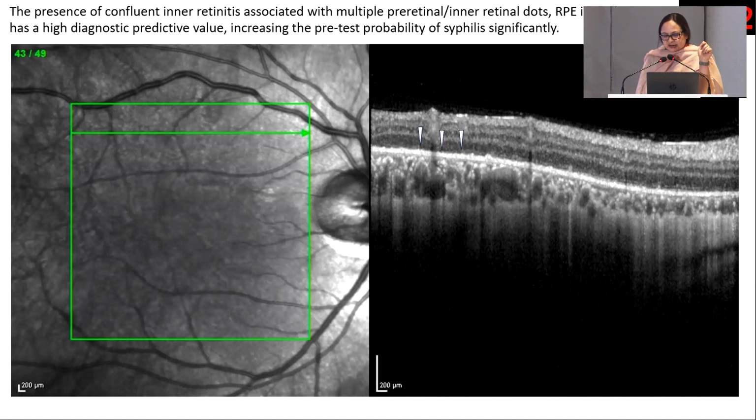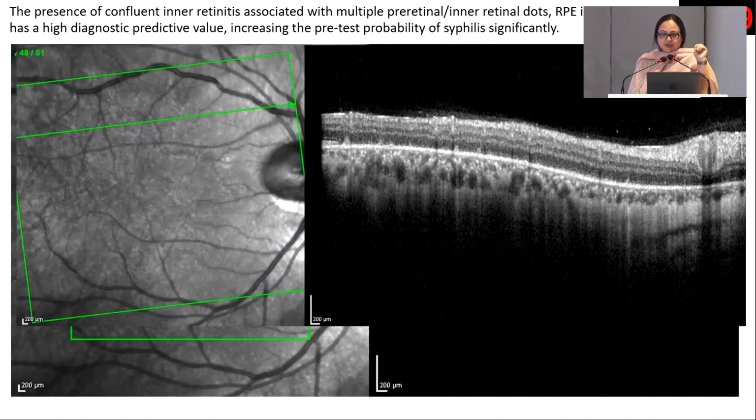So take the OCT through the lesion, and if you see loss of the ellipsoid zone and RPE irregularities, it has a very high diagnostic predictive value for syphilis. The syphilis test could sometimes be false negative, but if your imaging is indicating it, it's important to repeat and do both treponemal and non-treponemal tests.